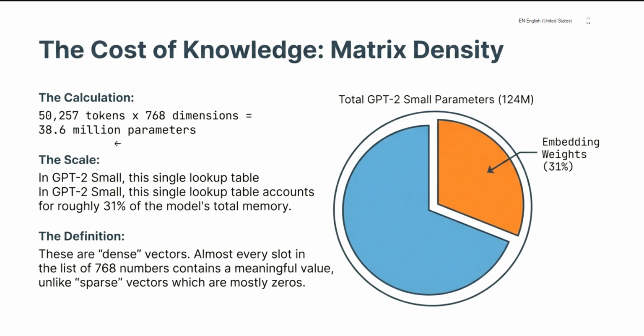For reference, the GPT-2 model has around 127 million parameters, and out of them 38.6 million parameters are just the weights of your embeddings.